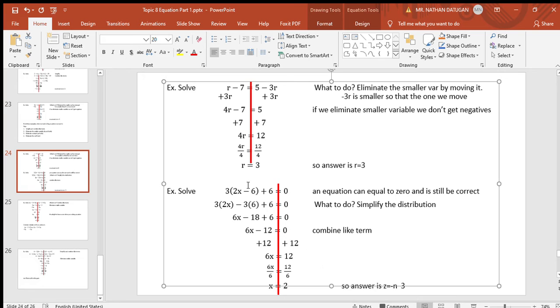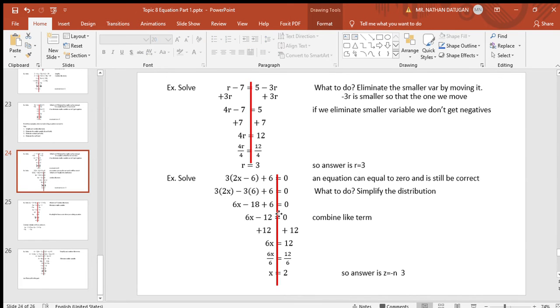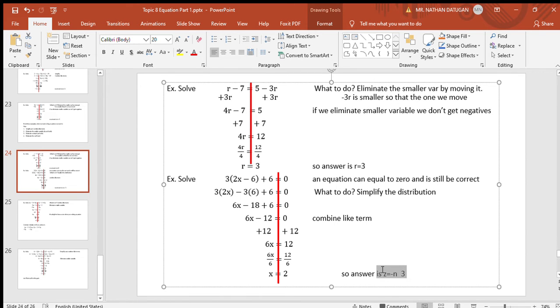What is 6x over 6 going to be? It's going to be x is equal to 2. So your answer is x is equal to 2.